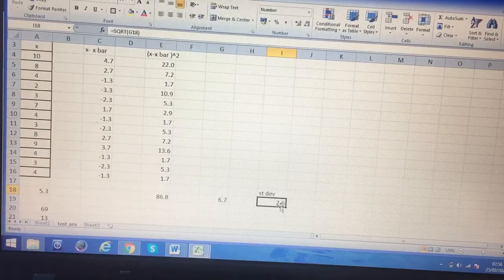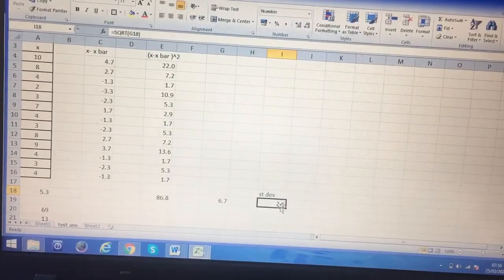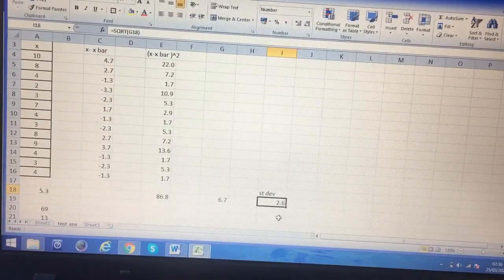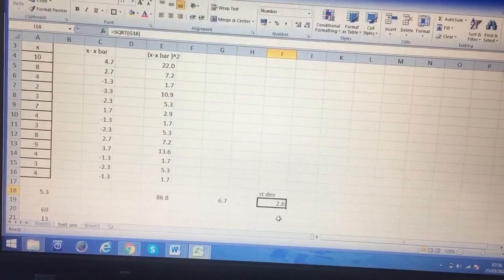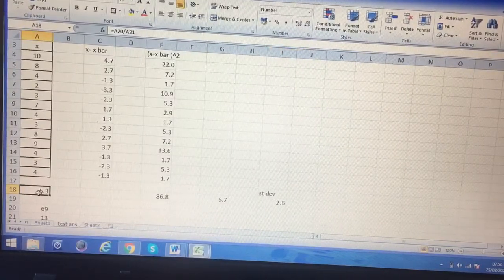That's quite an interesting point, and I think it's well worth saying. Over two thirds of my class were within 2.6 marks of the average.